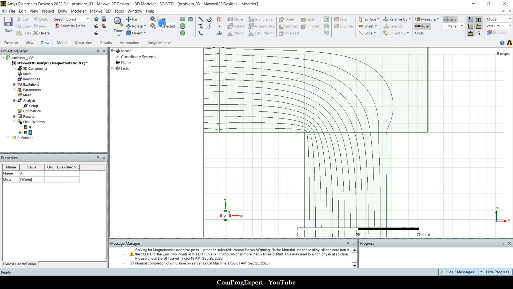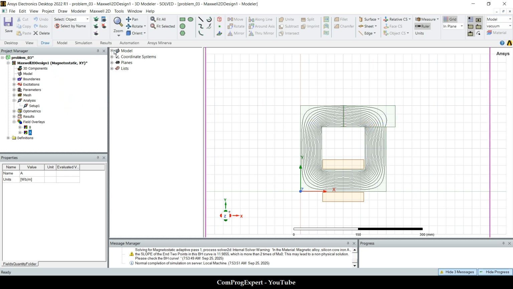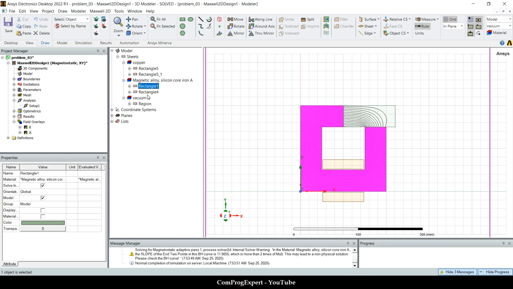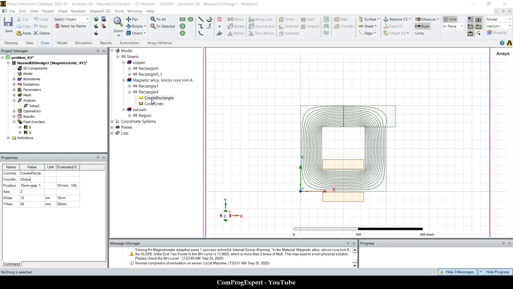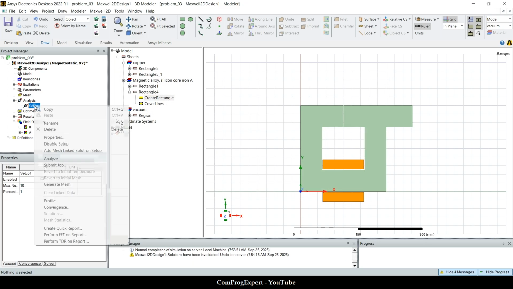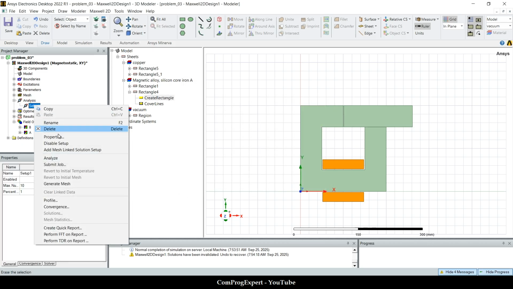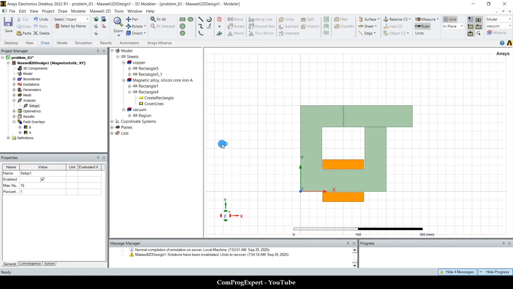So we shouldn't consider that part in our calculations, even if I consider a higher length for this moving part. For example, here, if I consider 16 and rerun the simulation, I just want to compare the results.